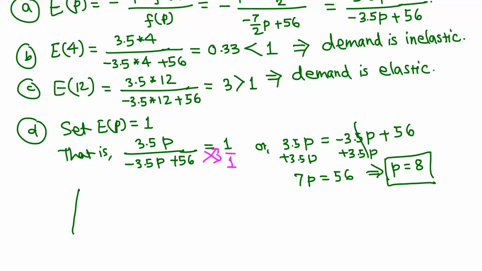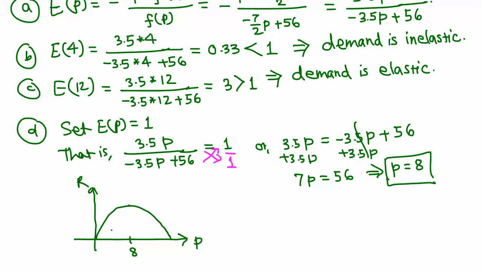Now since we have the unitary demand, p equals 8, we can draw a graph for the revenue and price. That's the revenue axis, and here is price. So we have a graph like this. The top is the unitary demand, when p equals 8.